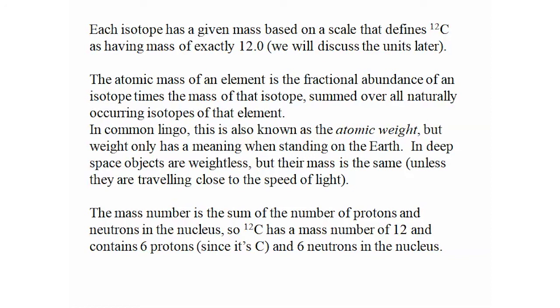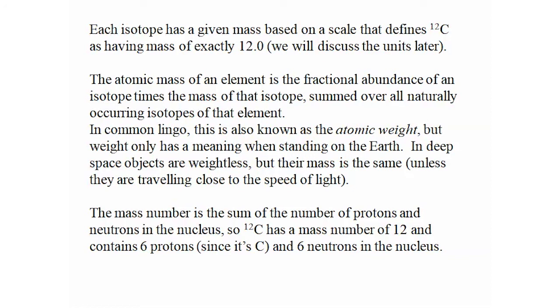The atomic mass of an element is the fractional abundance of an isotope times the mass of that isotope, summed over all naturally occurring isotopes of that element. In common lingo, this is known as the atomic weight, but weight only has a meaning when standing on Earth.